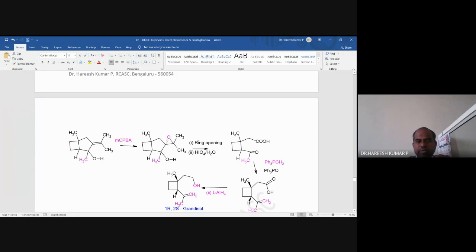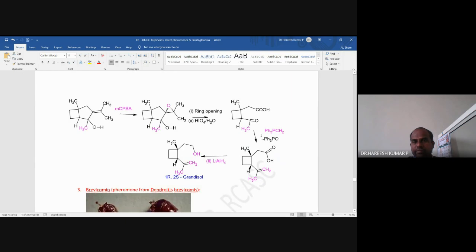That product is obtained when this epoxide is treated with a proton source, and that diol, when treated with periodic acid, gives a ketone as well as a carboxylic acid. So then what will happen? Again, it was treated with an ylide. And this particular reaction is called the Wittig reaction.